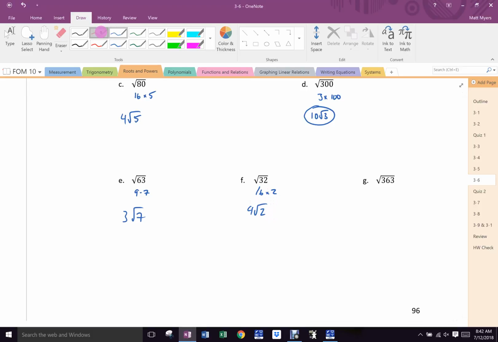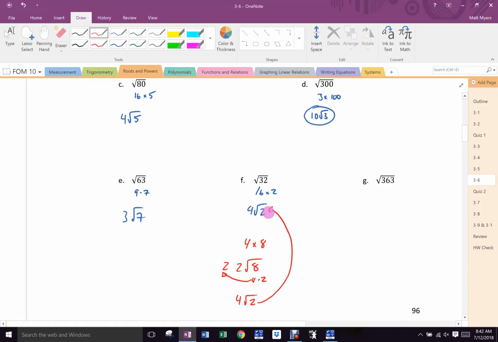Now, I want to do something here that might mess you up. A lot of you probably went 4 times 8, right? And 4 is a perfect square, doesn't it? So you would bring out 2 and you'd leave an 8 under there, correct? But 8 is 4 times 2, right? 4 has a perfect square, so what would come out? 2, and there was already a 2 out there, so what do we get? 4, and what do we leave under there? 2.